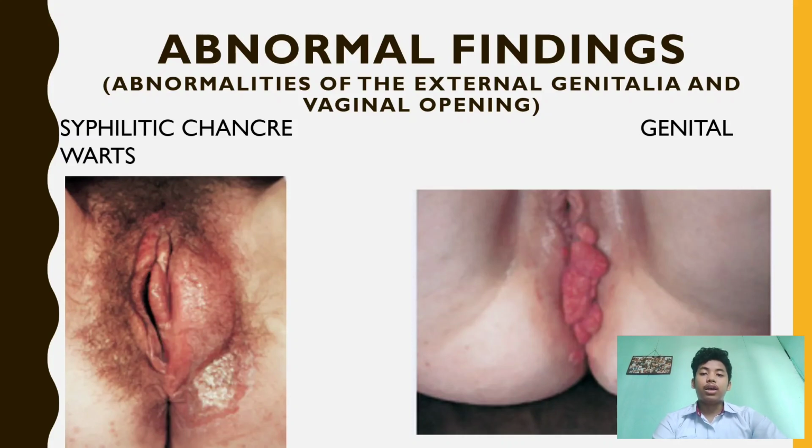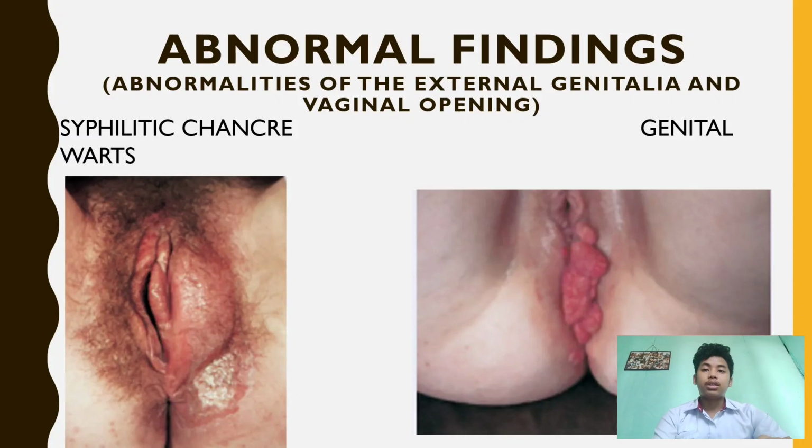Syphilitic cankers often first appear on the perineal area as silvery white papules that become superficial red ulcers.